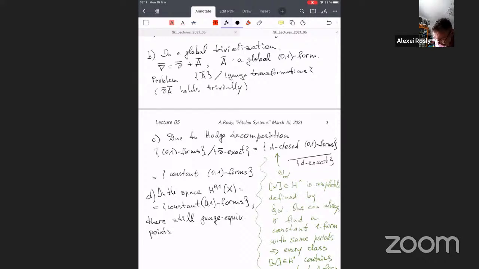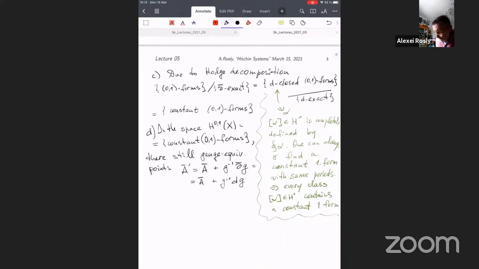That is, there are still some points A bar prime and A bar related by this relation. And since we are dealing with constant forms, it is the same as this relation, because g has to be anti-holomorphic in this case.